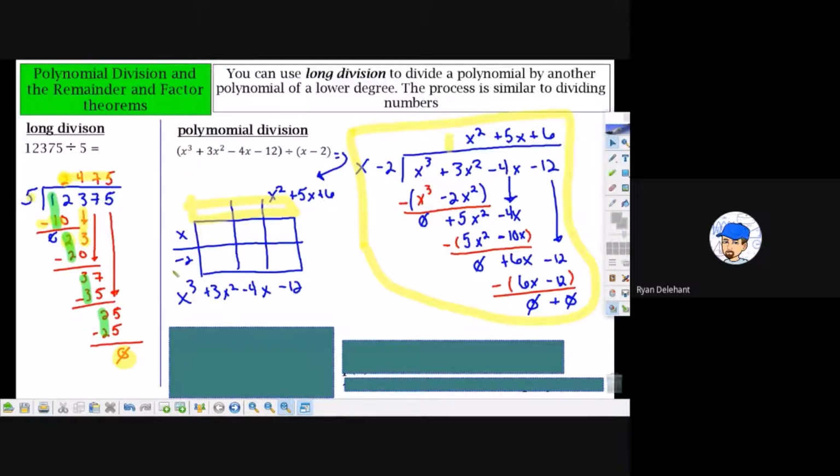And what happened is, remember multiplying, you'd fill them in backwards. This had to be x to the third. X times what gives you x to the third? X squared. That was minus 2x. We added the diagonals. I will go through a whole example on this later. But what I wanted to show you, these two things are the same thing, just written in a different orientation.